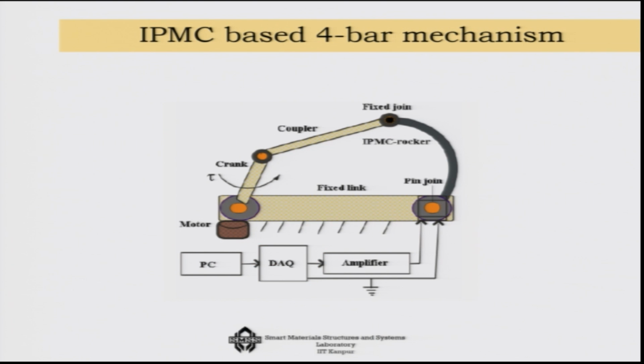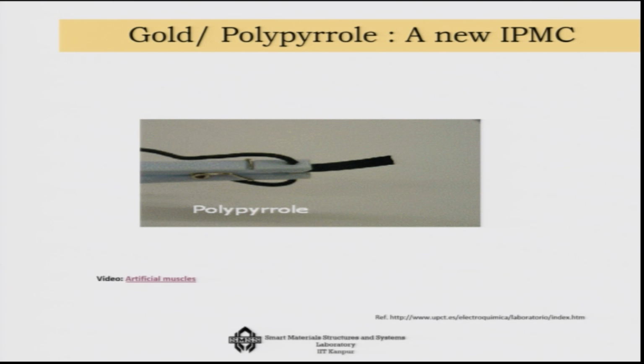Another interesting thing that can be done is to develop a 4 bar system in which one of the links is flexible. Then you can use it as a manipulator. This is the crank side, this is a coupler, and if you can change the length of this part, you can develop various different work surfaces.